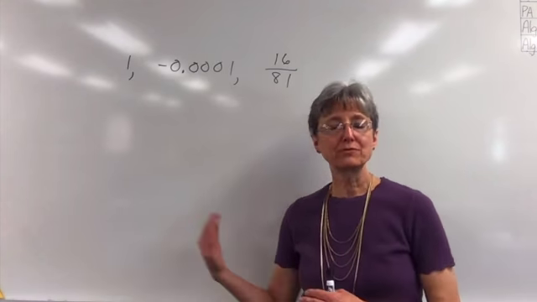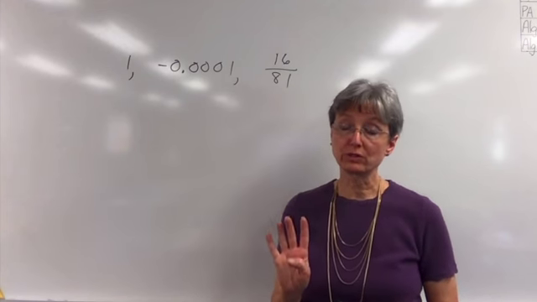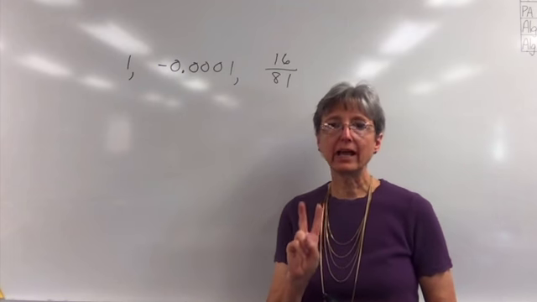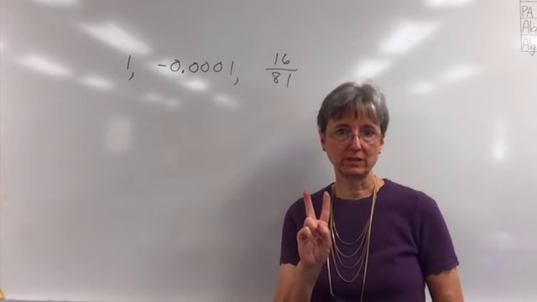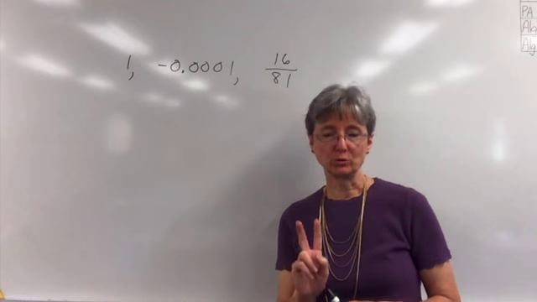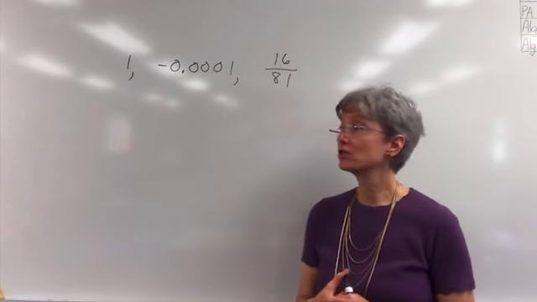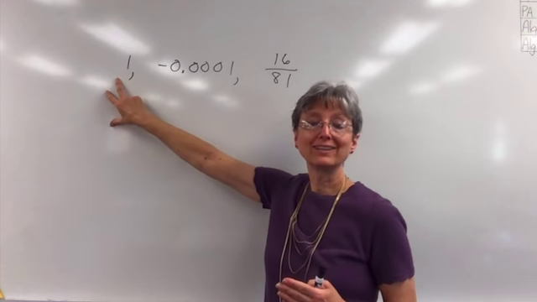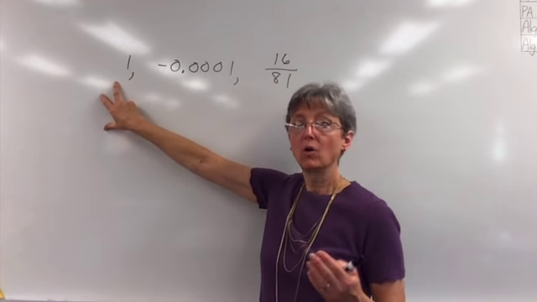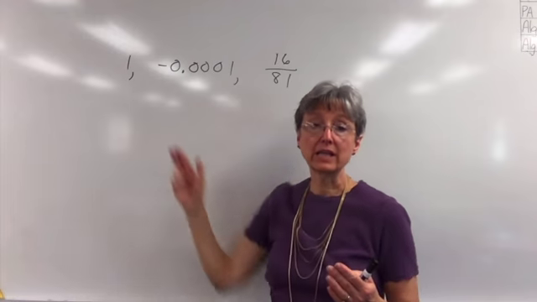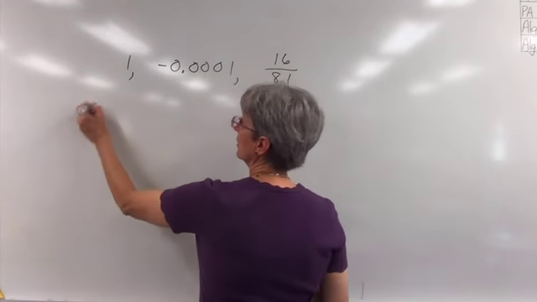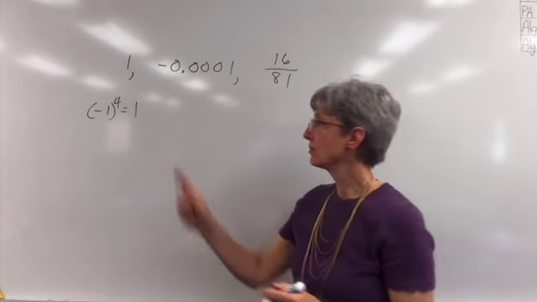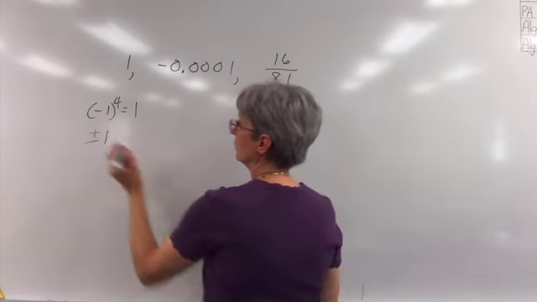Okay, now we have some numbers and I want the fourth roots of these. Since 4 is even, we're going to have 2 different real roots of these numbers. All right, so the fourth root of 1 could be positive 1 or it could be negative 1 because negative 1 to the power of 4 is also 1. So this could be plus or minus 1.